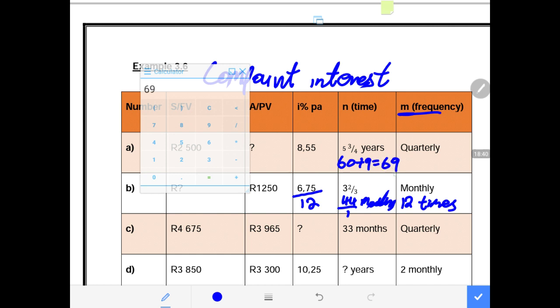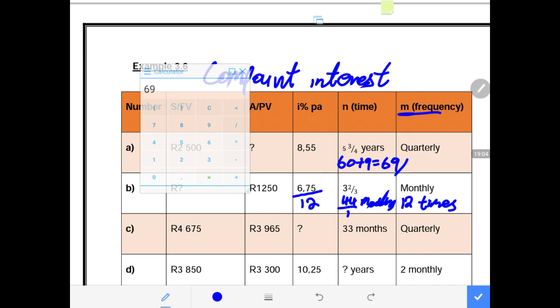So now, in the previous one, sorry, I just remembered this now, we could have said 69 months. Then we could have divided 69 months by the number of months in a compounding period, meaning the number of months in a quarter, because the compounding period there was a quarter. How many months do we have in a quarter?